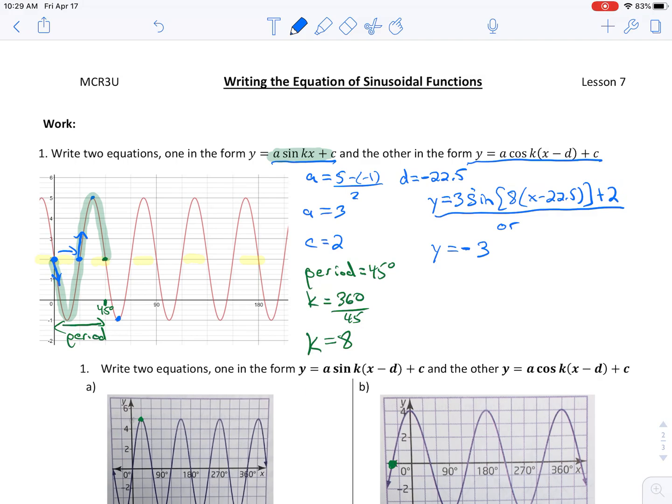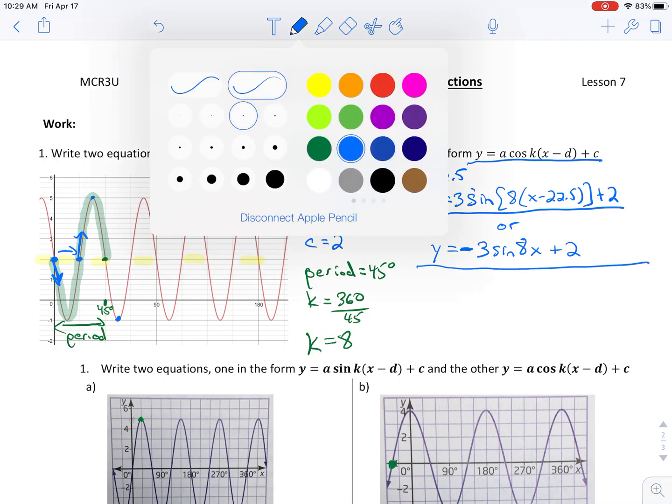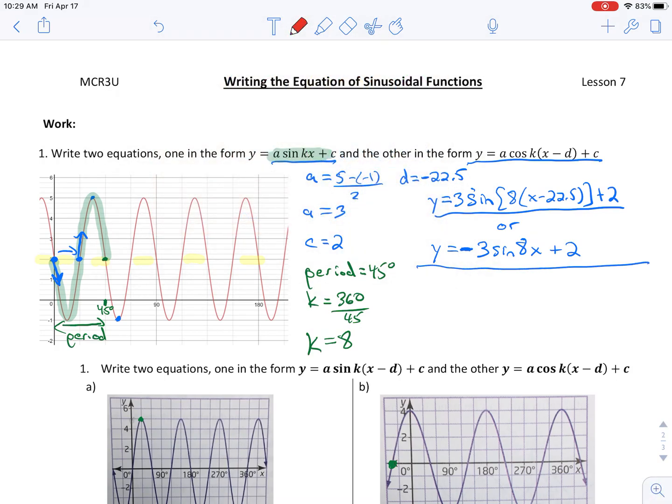So that means now I've started here right at the middle, but instead of going up, I'm going down. And that's what the negative here will do. And so I have the same equation, only I don't have a shift. So it would be like that. So again, that's a bit tricky. Both are correct, but given the parameters that they've asked for, the second one would be the one that you should have.